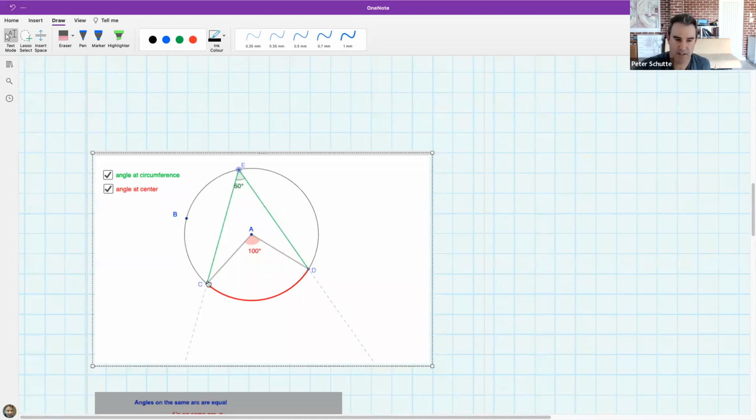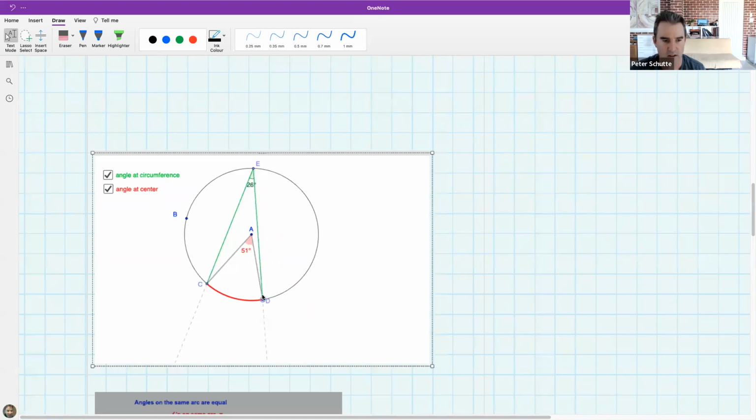Okay, absolutely. So when you have a common arc, in this case the red one, CD, if you make an angle at the center, it's going to be double the size of the angle that you make at the circumference. And if you're new today, we did a whole lesson on this theorem, so I don't want you to feel like, oh my goodness, he's just throwing things at me. We're just doing a quick review. And this theorem also comes up a lot.